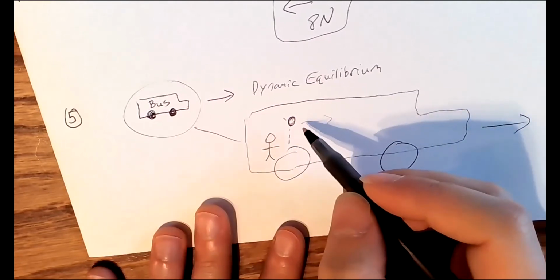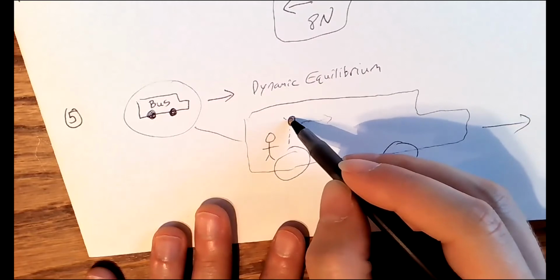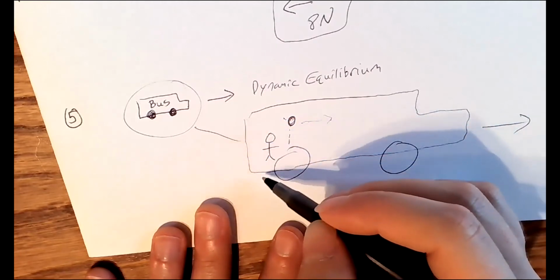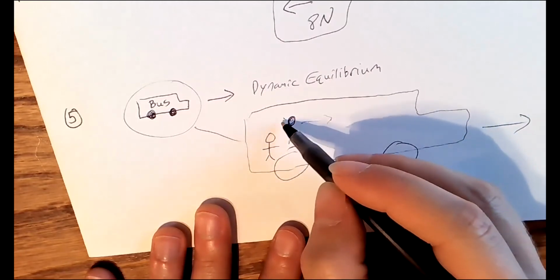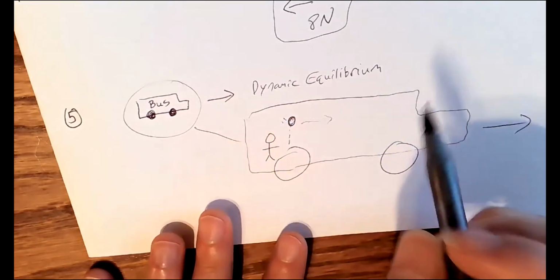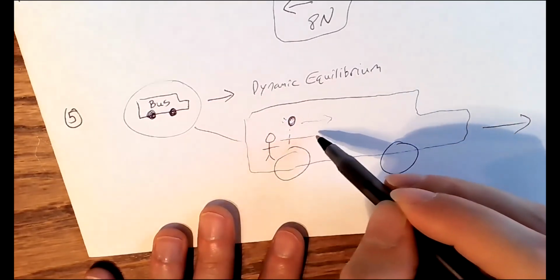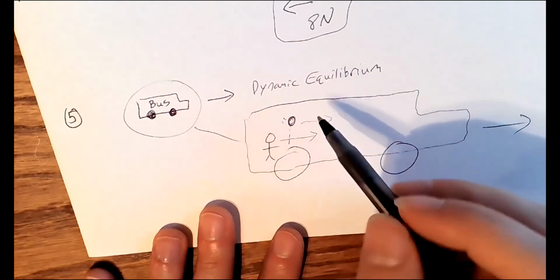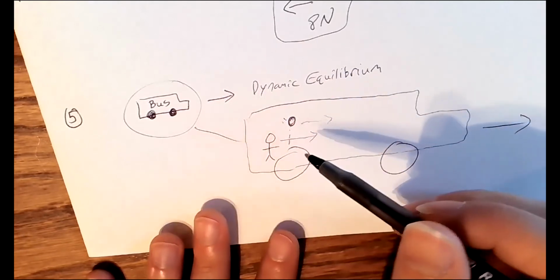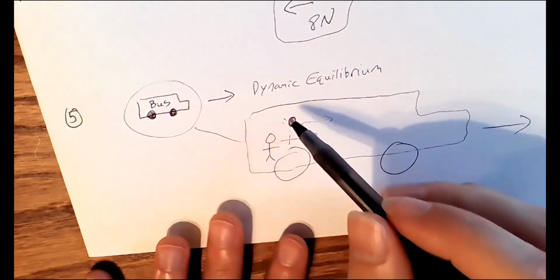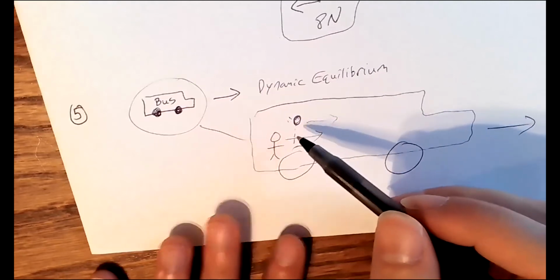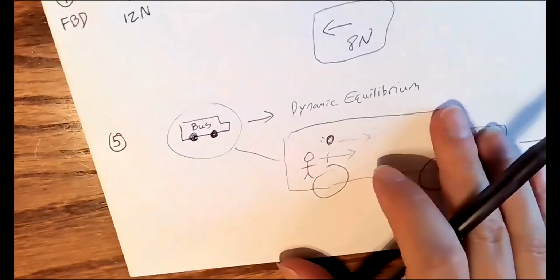So to L, the ball will appear to be moving backwards. L will move forward with the bus, but the ball will not, and that will make it appear as if the ball is falling backwards, okay?